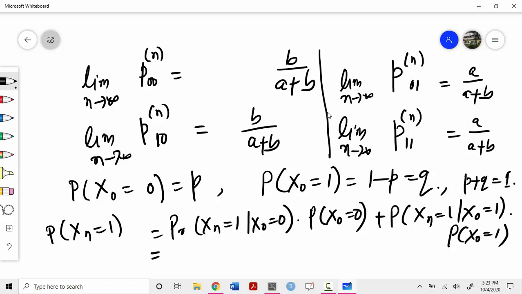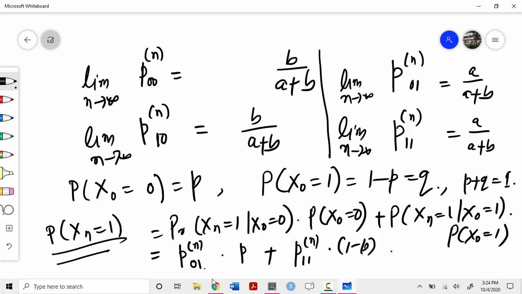So this will be equal to p01 n into p plus p11 n into 1 minus p. So using the values of this, we can find the probability Xn equal to 1.